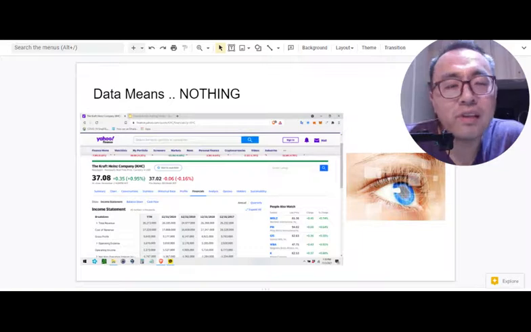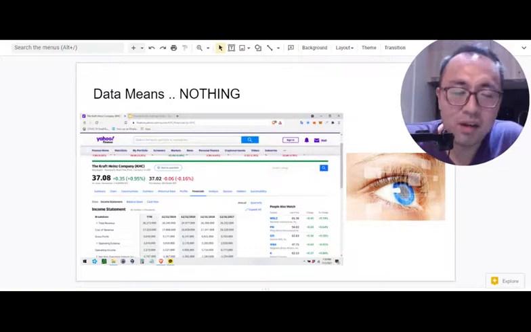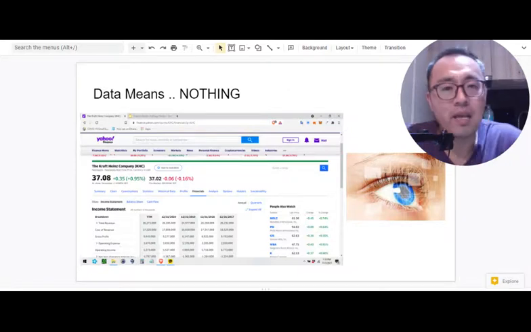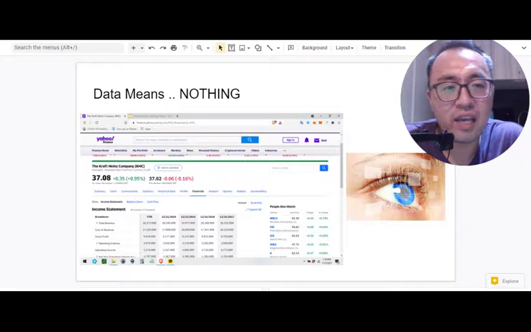If you're an investor and you look at that, how can you tell if a company is good or bad? Are they making money? Are they losing money? Are they growing? Are they shrinking? You can't really tell, right? And the reason you can't tell is because human brains and computer brains are different, right?